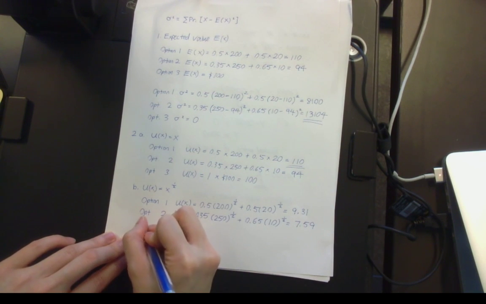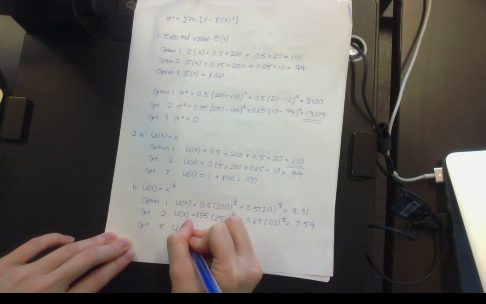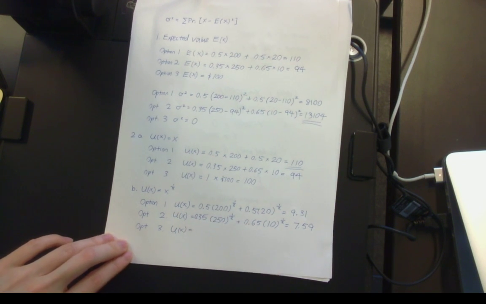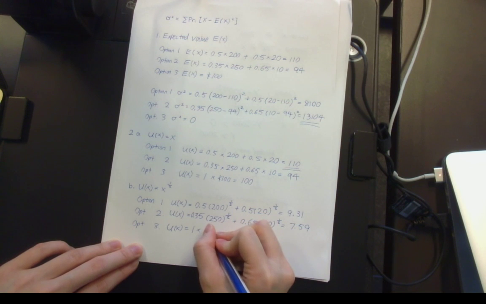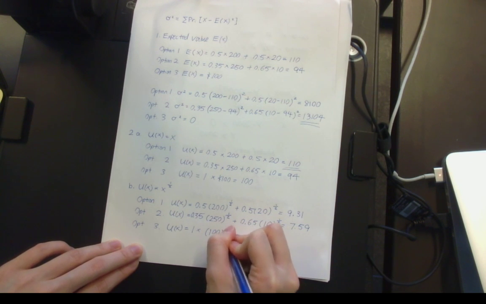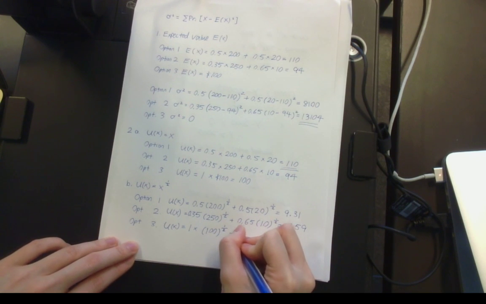For option 3, you are basically getting $100 for certain, and you plug the $100 into the formula, and you get 10.